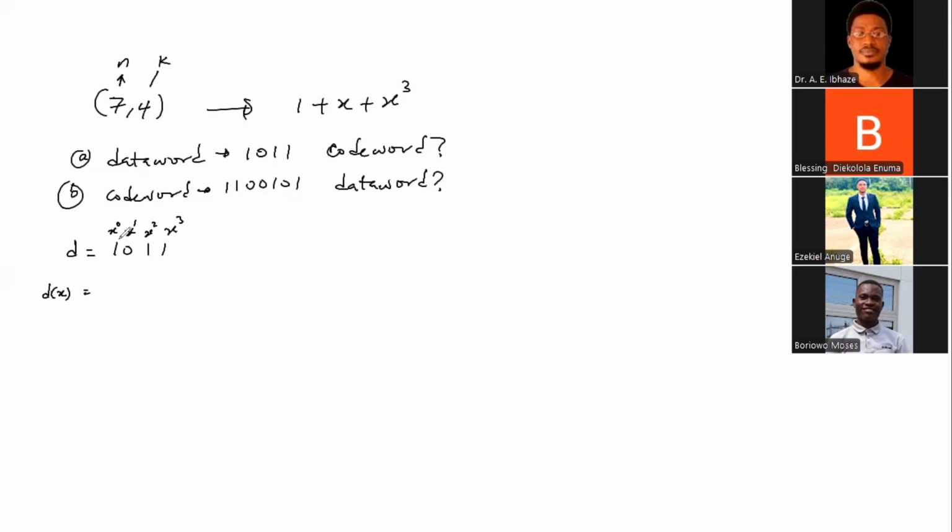Anything to the power of naught is 1, right? So X0 will still give us 1 plus, now, X is turned off here. So we have X squared plus X cubed. Okay, is that clear?